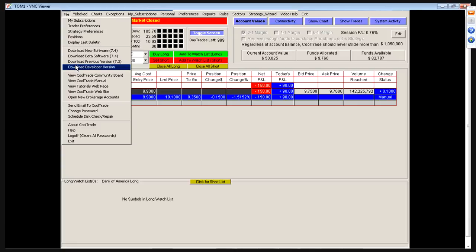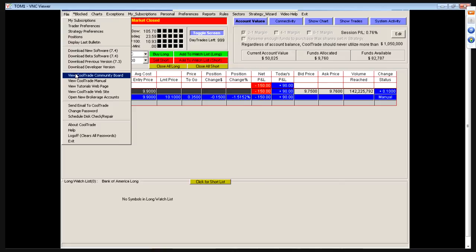If you want to update the version, you can download the developer version at any time. We don't charge for updates, so you'll always get the latest and greatest ones. I call it the developer version. That's the most recent version of the software since the last official release. And I'm always adding more things to make it better and better.